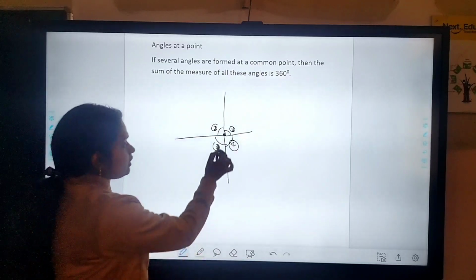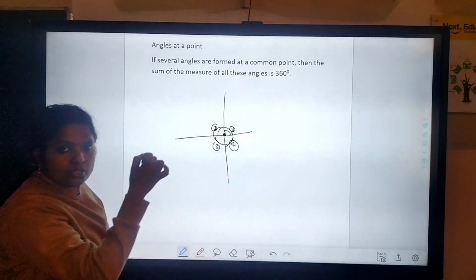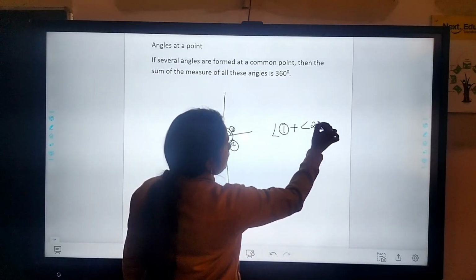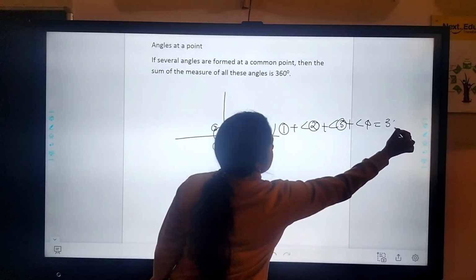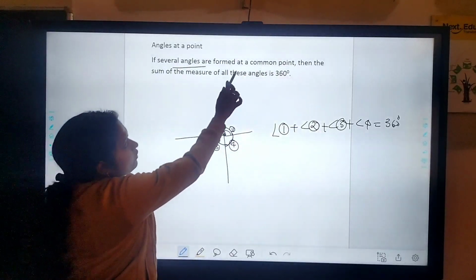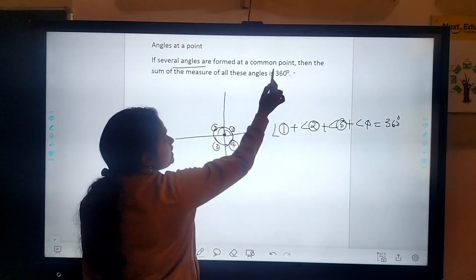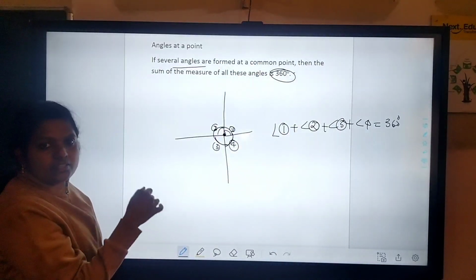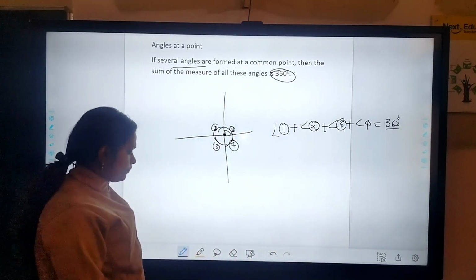So around the point, the sum of the angles, first plus second plus third plus fourth, equals 360 degrees. If several angles are formed at a common point, then the sum of the measures of all these angles is 360 degrees.